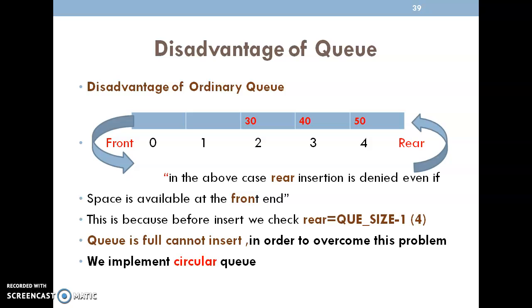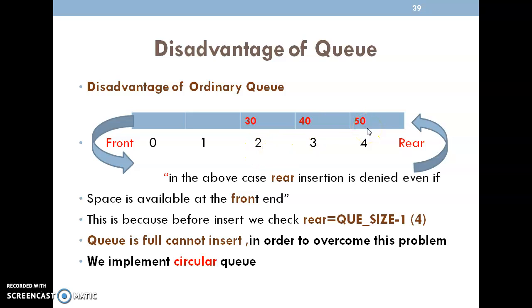In the ordinary queue, during the delete operation, if the first element is deleted, like in the 0th position 10 is deleted, then from the 1 position 20 is deleted, even though the space is available, if you want to insert any element, it is not possible. Why?